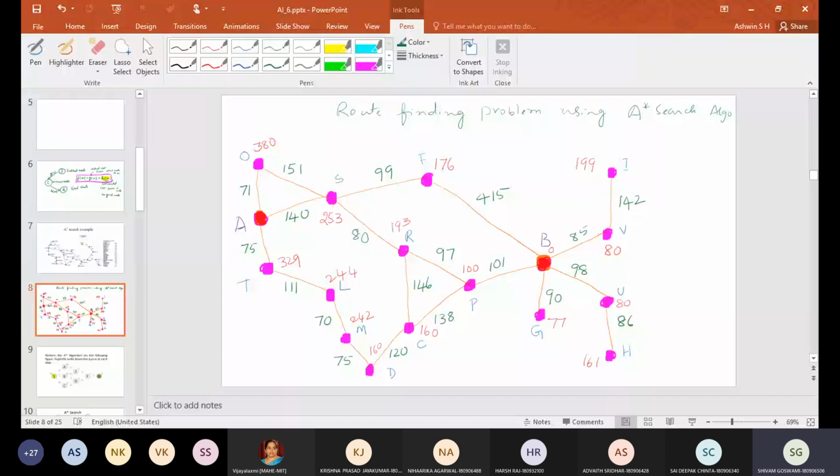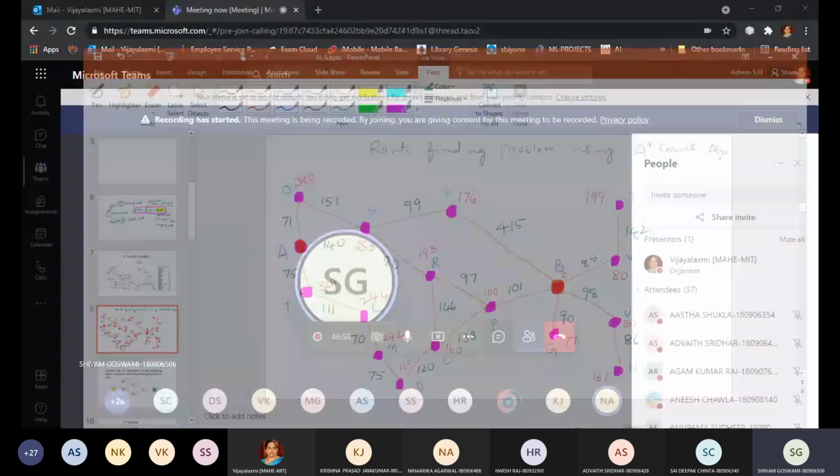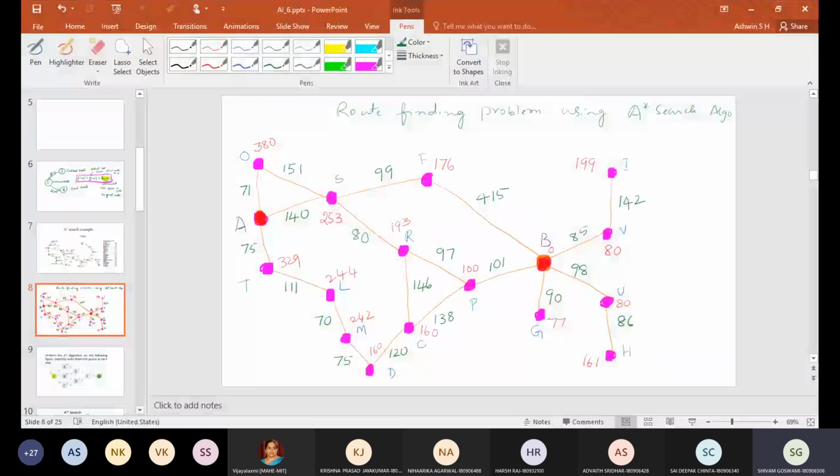Yes. Ma'am, is the route ASRPB? The total cost is 418. Which one? The optimal route. Oh, optimal. Okay, final. This one you are telling.